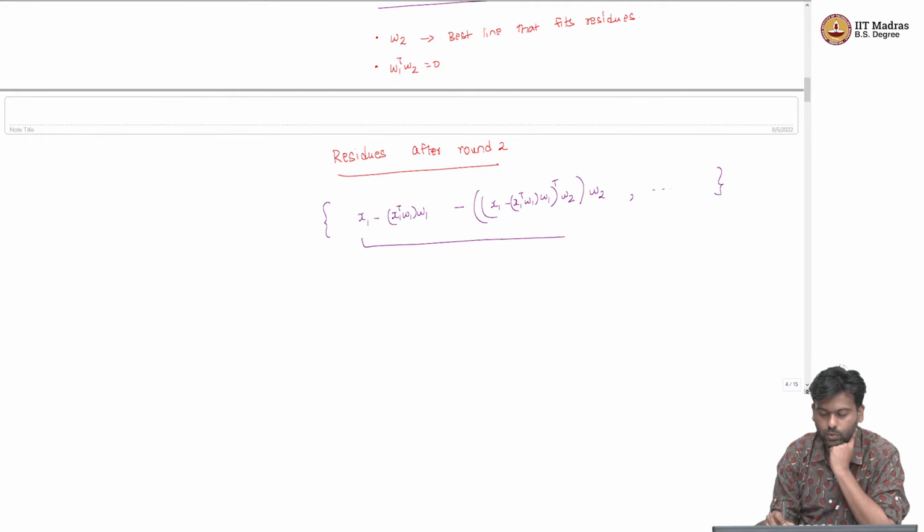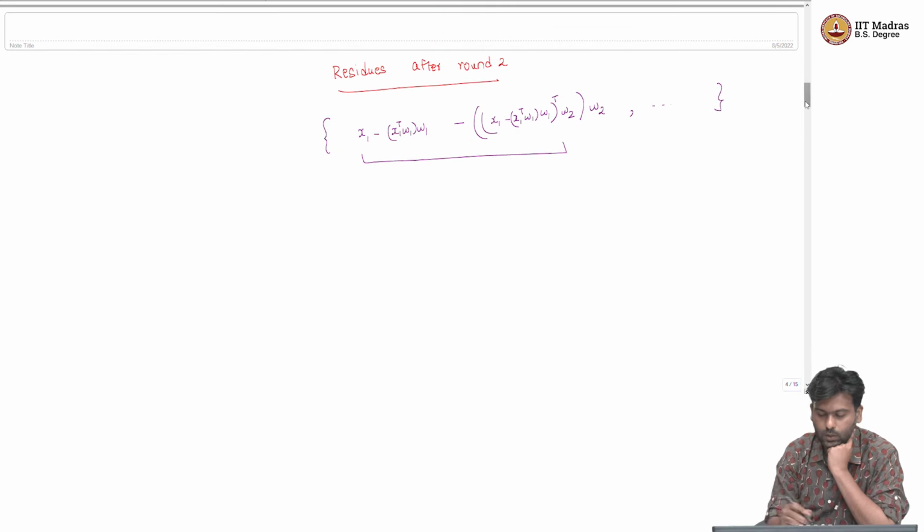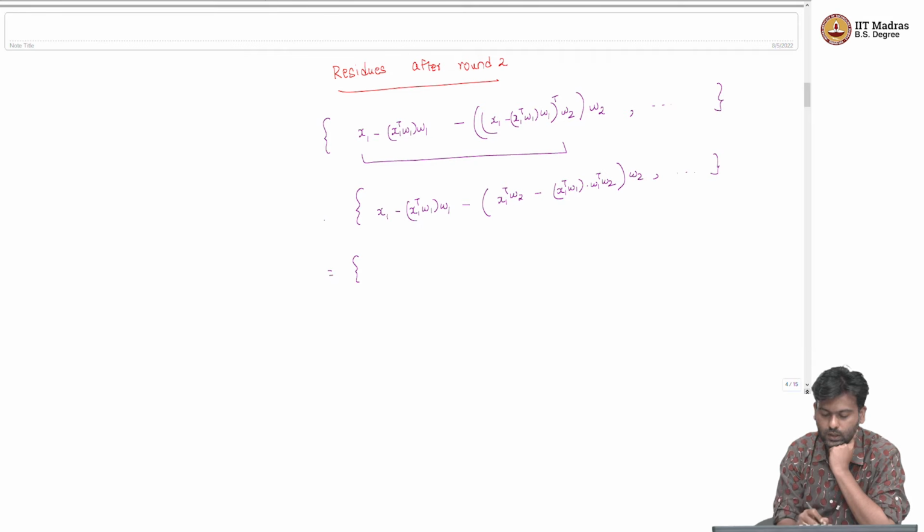So, this is what I subtract out and then I do this for every vector. Let us focus on one point to see what comes out. Let me try to simplify this: x1 minus x1 transpose W1 into W1 minus, well, x1 transpose W2 minus x1 transpose W1 into W1 transpose W2, into W2, dot dot dot, which is exactly x1 minus x1 transpose W1 into W1 minus, well, the first term is x1 transpose W2 into W2.